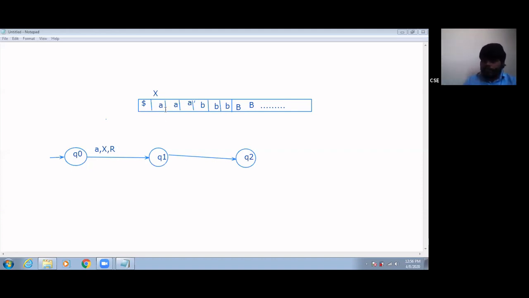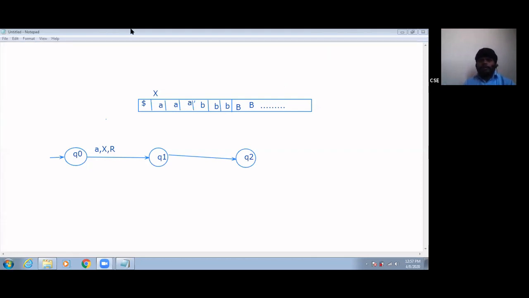You need to always remember which state you are at presently, and which symbol you are processing. So next, you are at the state Q1, and my input pointer is pointing to this A. What is the transition I need to define here?